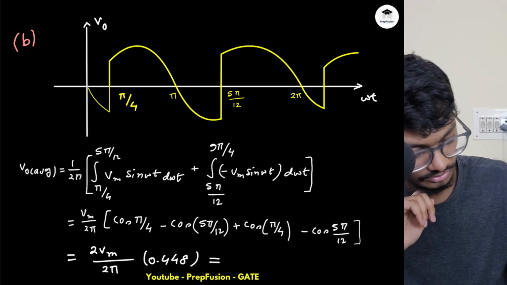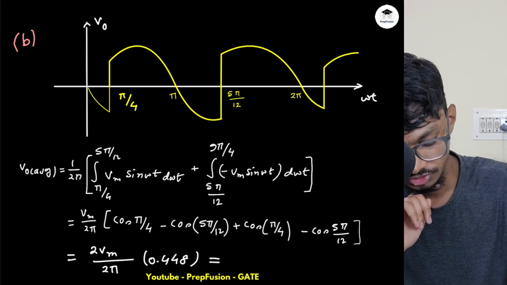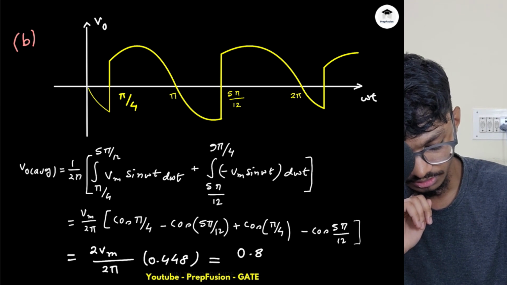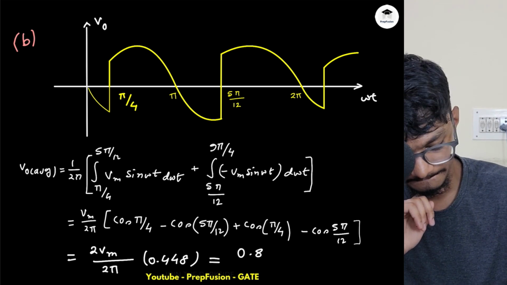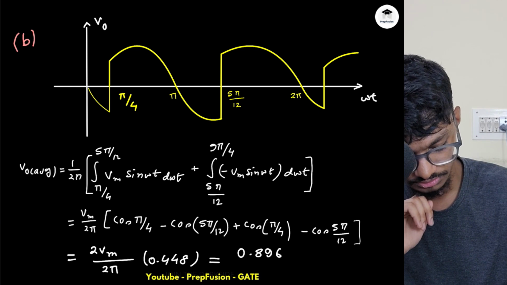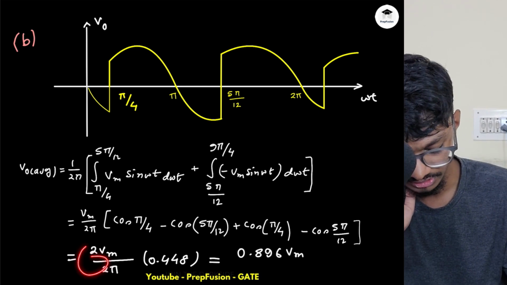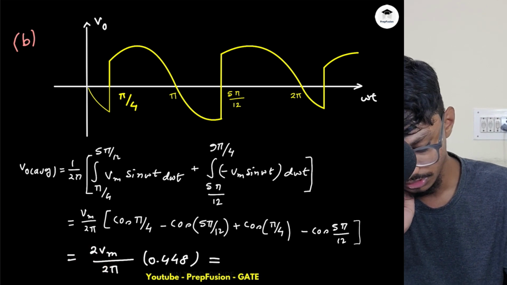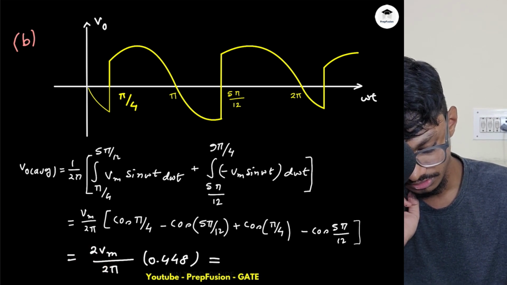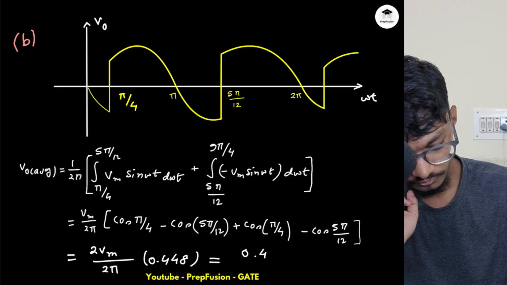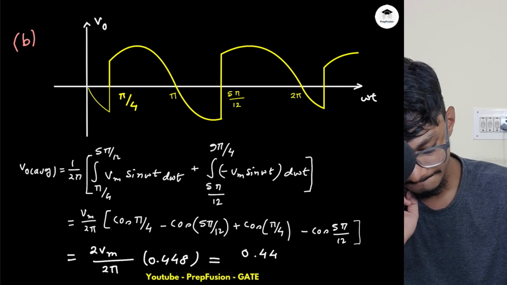If I multiply 2 with it, this will be 0.896 Vm, and I have a 2 in the division as well, so I don't need to multiply 2 with it. The 2 will get cancelled. This will be simply 0.448 Vm divided by pi.